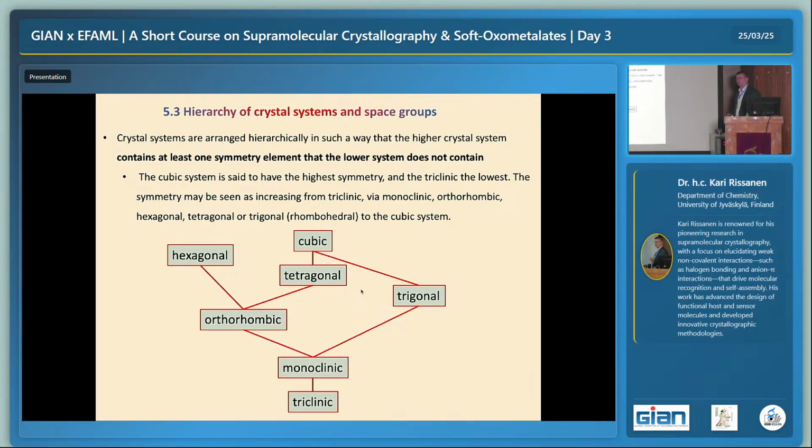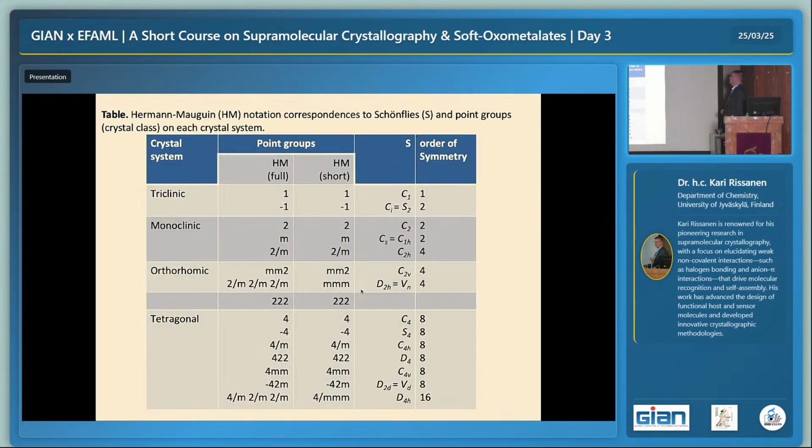But luckily, they have all been calculated 100 years ago and tabulated, and now you can find these things in computer programs. So now the HM notation comes in, and it's quite clear in that sense. In a triclinic system, the only possibilities are 1 and -1, nothing more, because the symmetry of the unit cell doesn't allow any other symmetry operations.